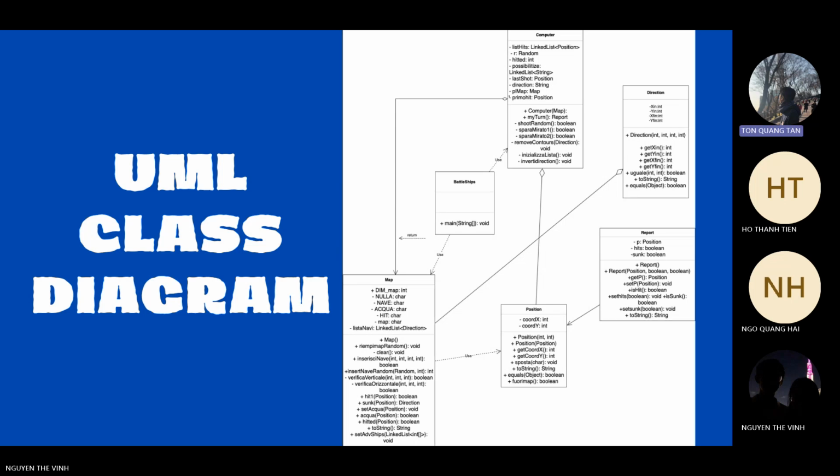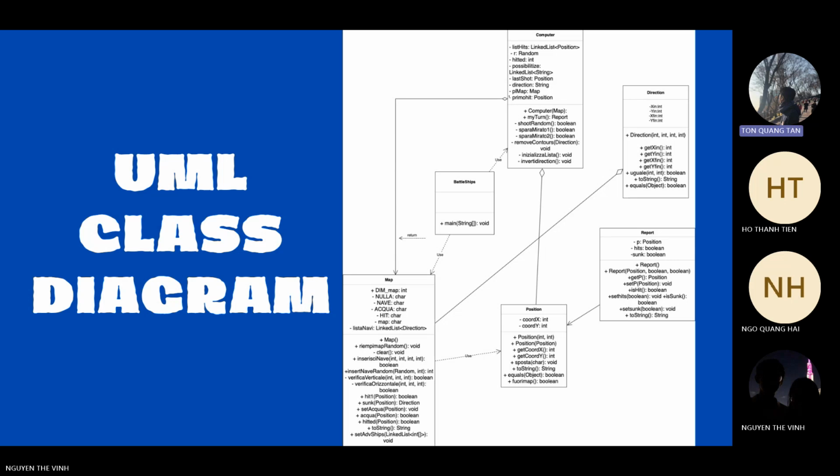Equals is to compare the positions, and isValid checks if the position is valid or not, in the bounds or not, and toString converts the position to a string.